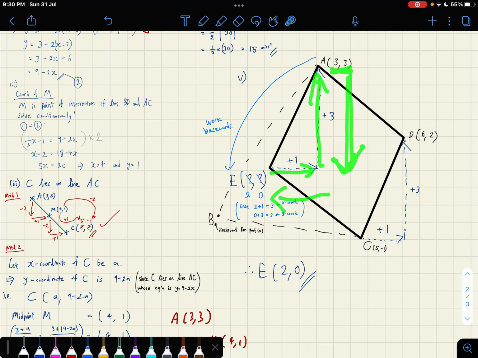Minus 3 to go down, minus 1 to go left. When I go down, I reduce my y coordinate. When I go left, I reduce my x coordinate. So 3 minus 3 leaves 0, and 3 minus 1 leaves 2. That's your answer. E is 2, 0.